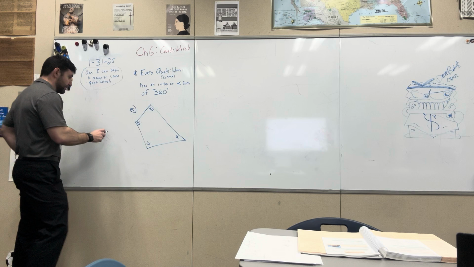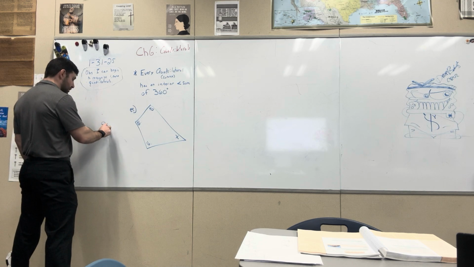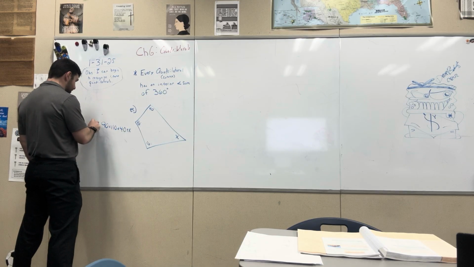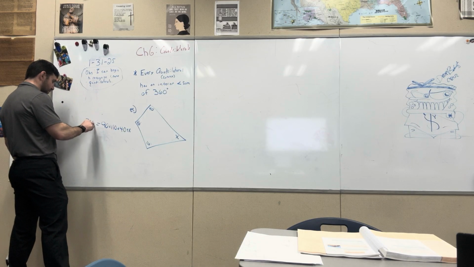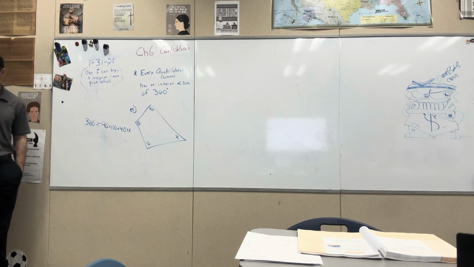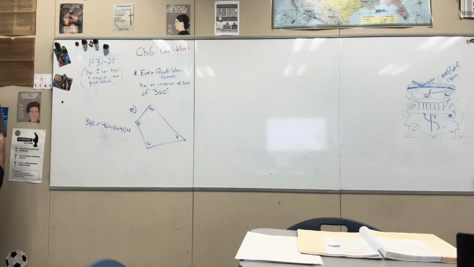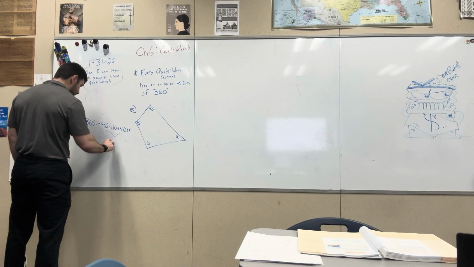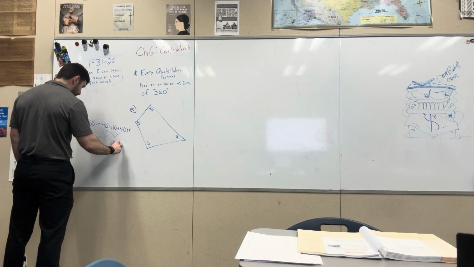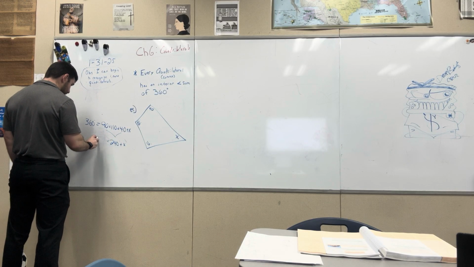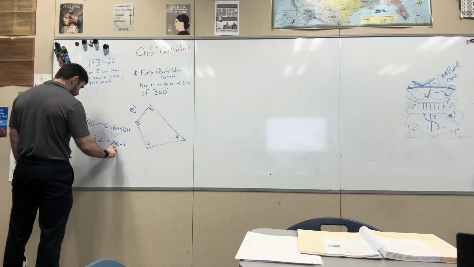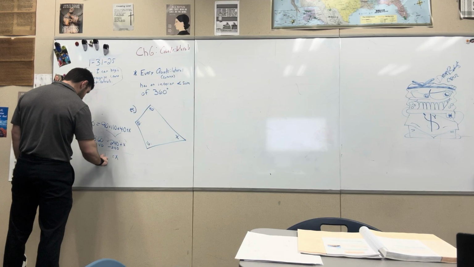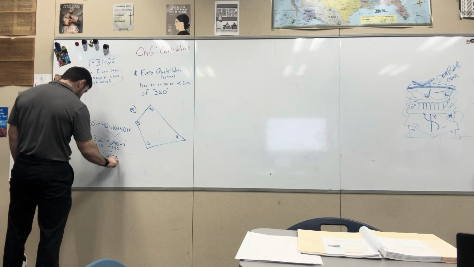Therefore, I can say 90 plus 110 plus 40 plus x, all of that equals 360 degrees. The 4 angles of a quadrilateral have to add up to 360. So 90 plus 110 is 200, so that's 240 degrees plus x equals 360. I subtract 240 from both sides. x equals 120 degrees.